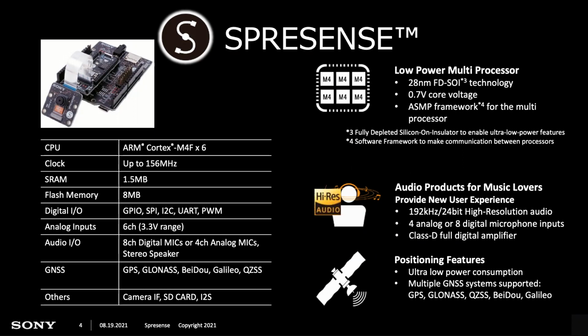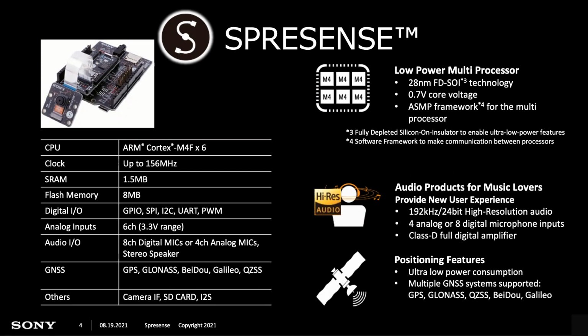Also, you can connect a camera, as you see in the picture on the left-hand side, easily to a Spresense to build your application. But this microcontroller has six cores. You see the specs on the left-hand side. It has 6 cores, 156 megahertz of clock. The memory is 1.5 megabytes, and we also offer flash memory.